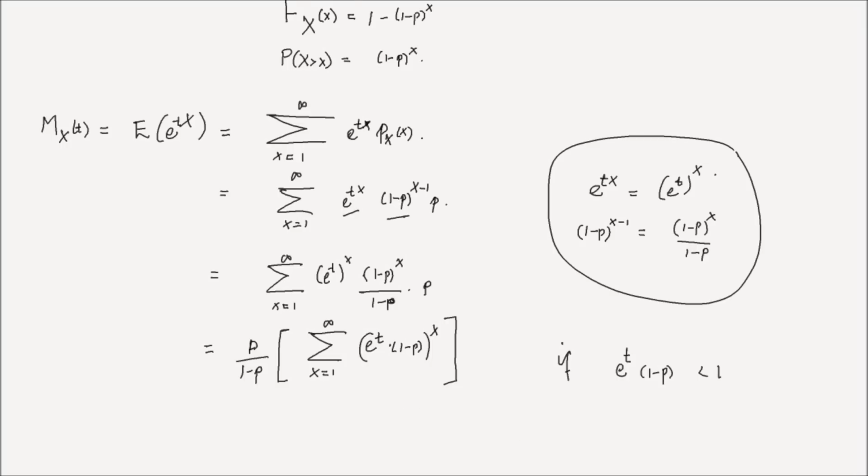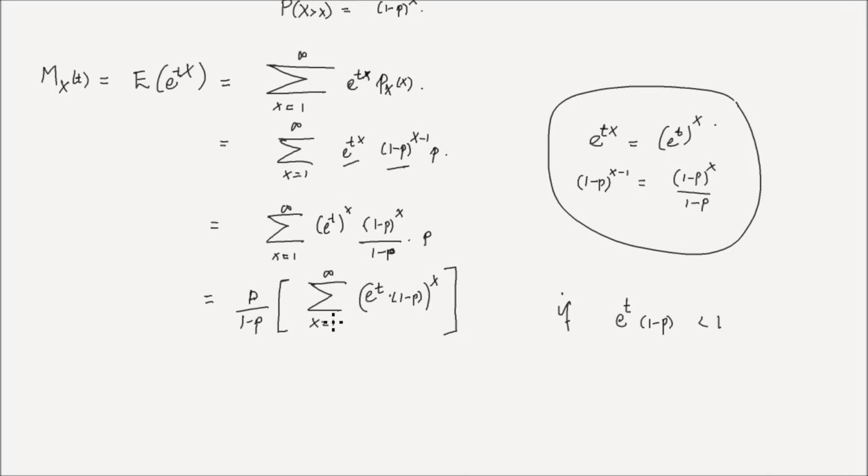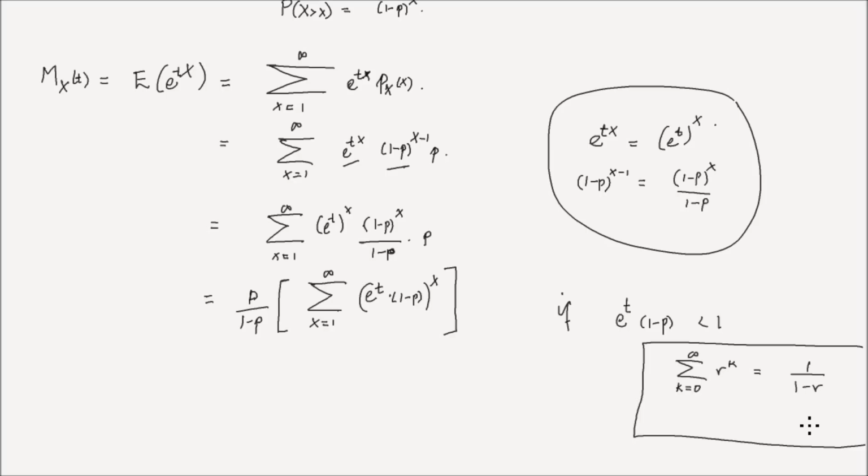You can see here x begins from 1, but our geometric series formula is the sum from k equals 0 to infinity of r to the power of k, which is 1 divided by 1 minus r, if r is between 0 and 1. I need an index that starts from 0, but this one starts from 1. But that is easy to fix.